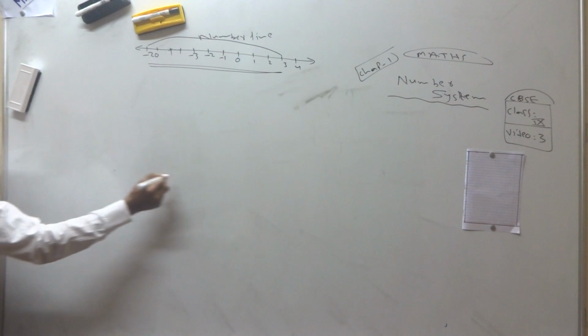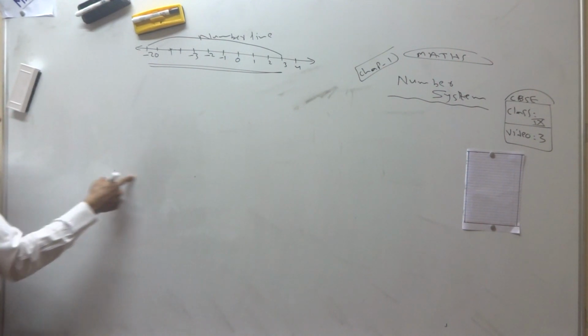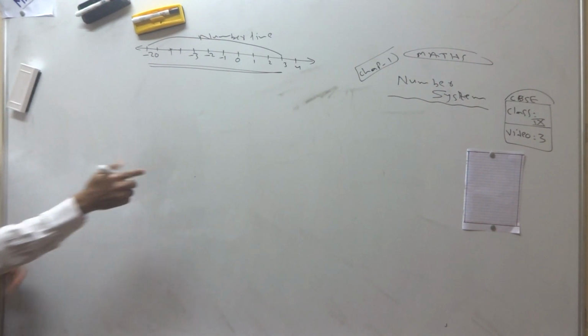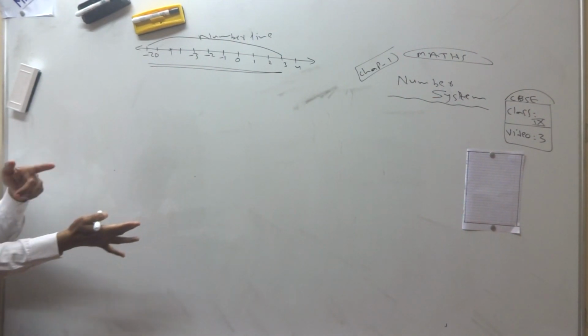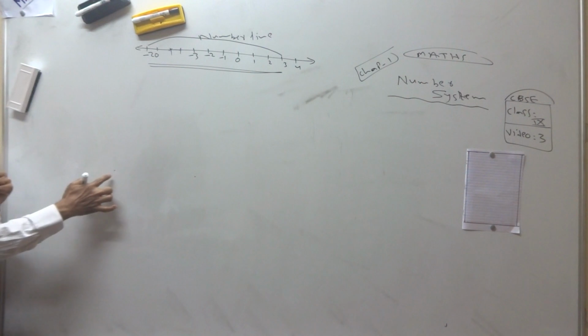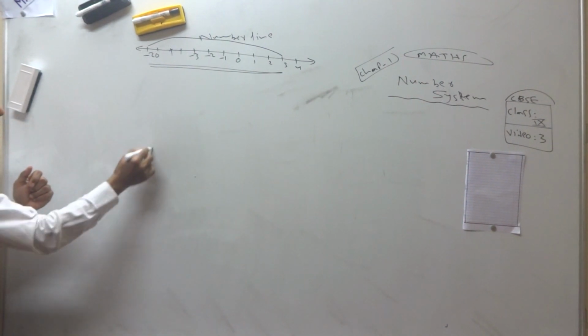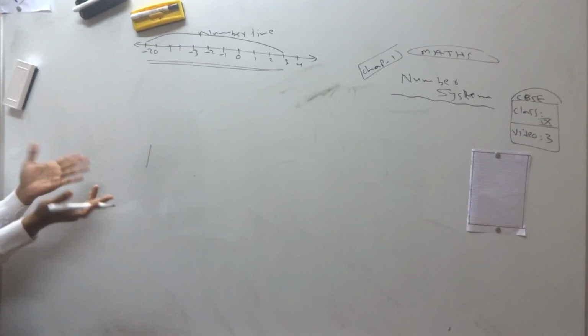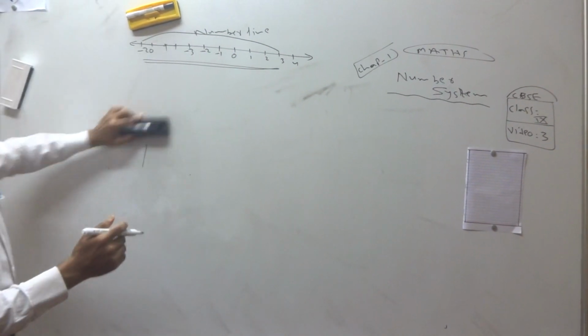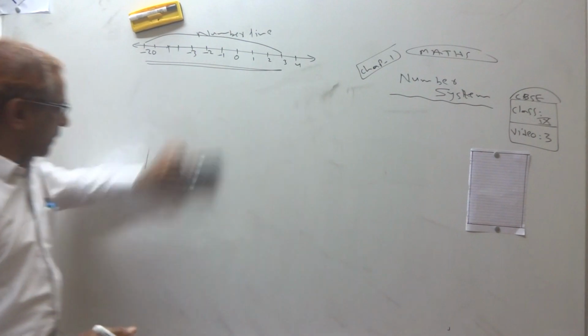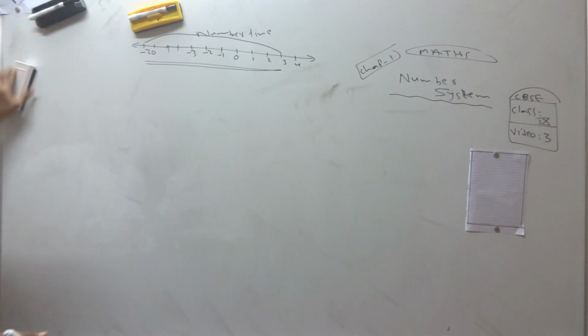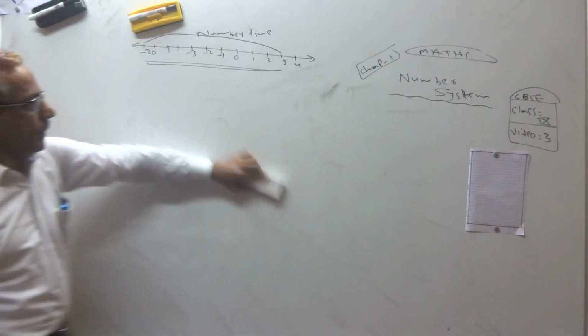Between 2 rational numbers the answer is not fixed, because different students will write different rational numbers. Last class we discussed that between 2 rational numbers there are infinite rational numbers.